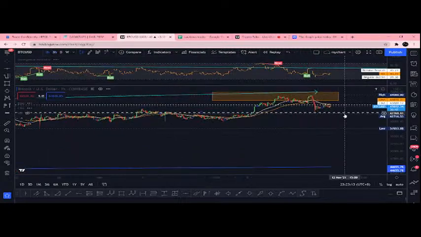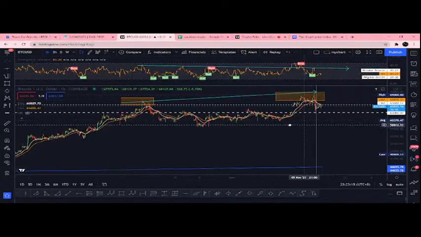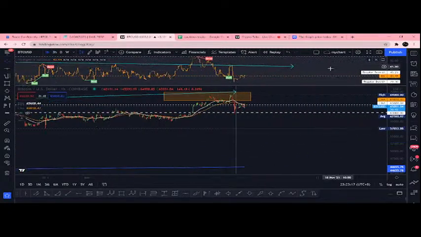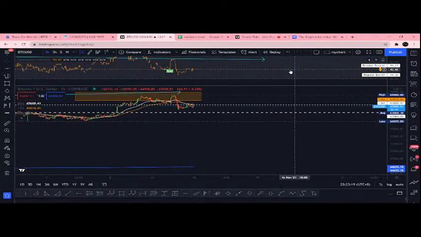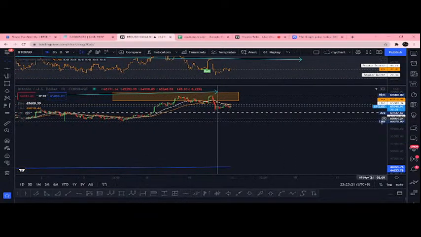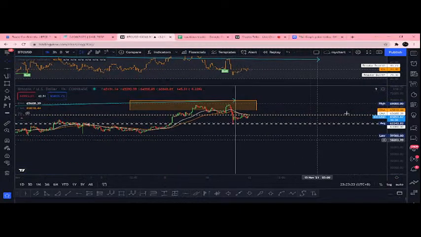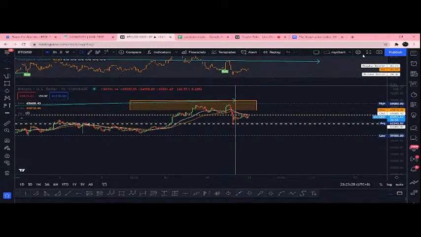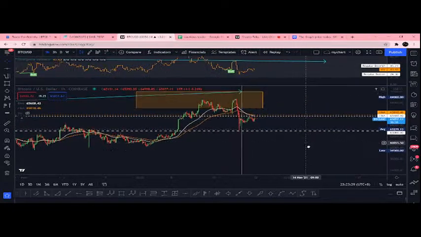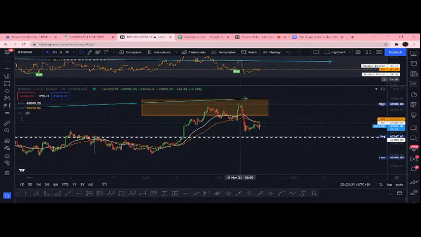Let's look at the 1 hour time frame. Uy, nagkaroon siya ng bullish divergence doon. Pero meron siyang dito. Nagkaroon siya ng death cross sa 1 hour time frame. Ay, di pala yan.